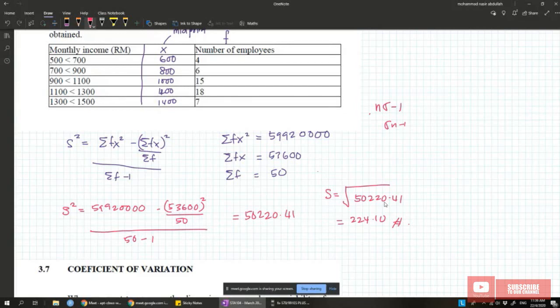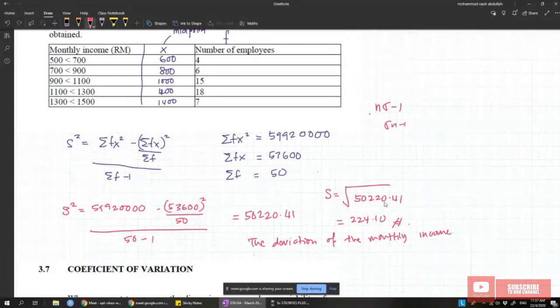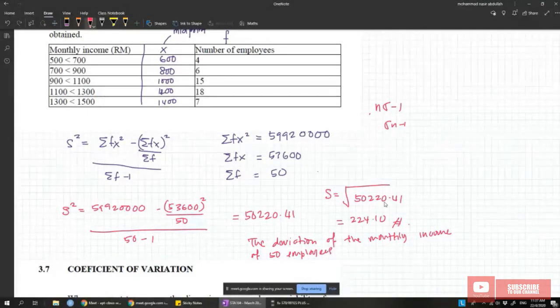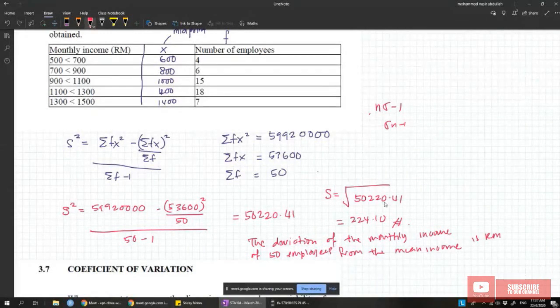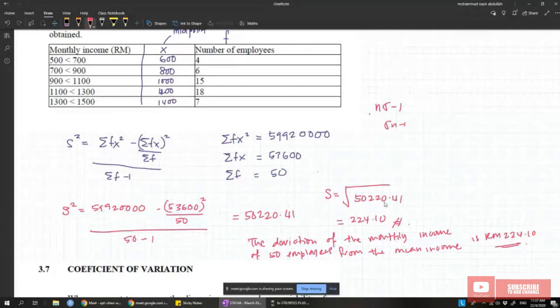So what does it mean? The standard deviation tells us the deviation of the monthly income of 50 employees from the mean monthly income is 224 ringgit. The deviation of the monthly income of 50 employees from the mean income is RM 224.10.